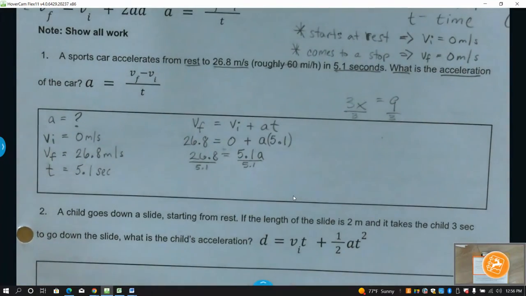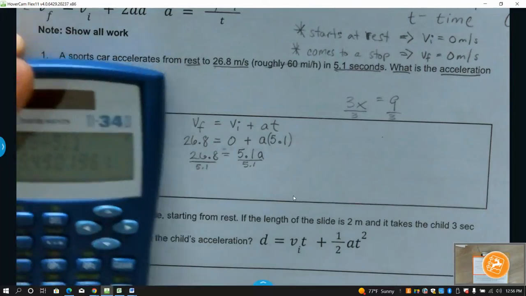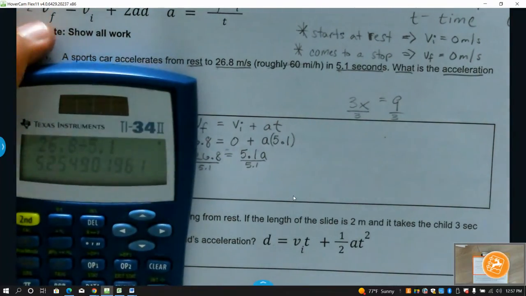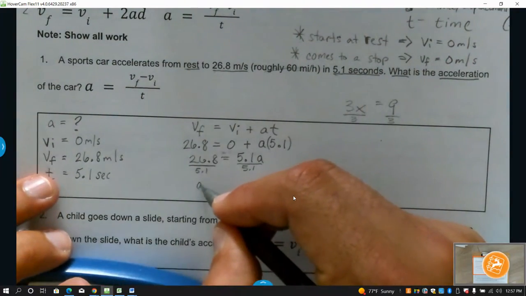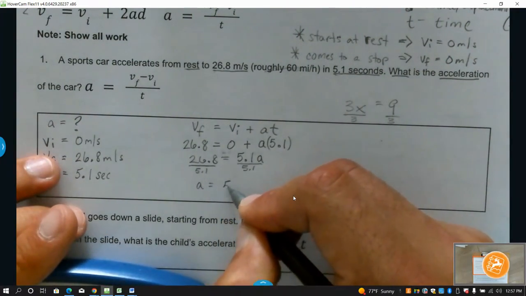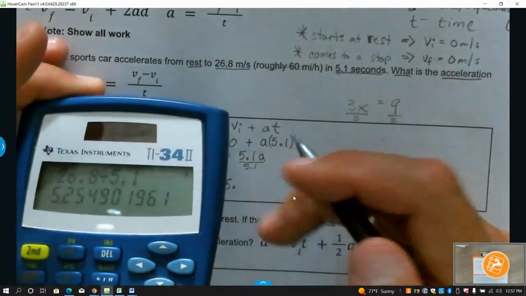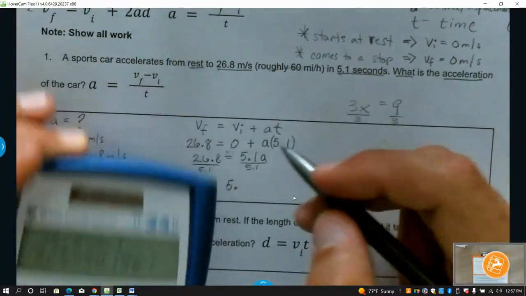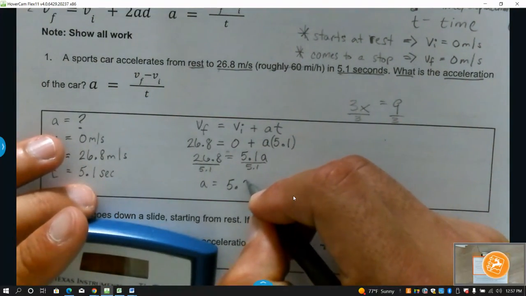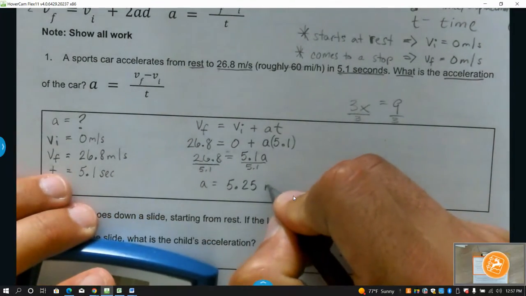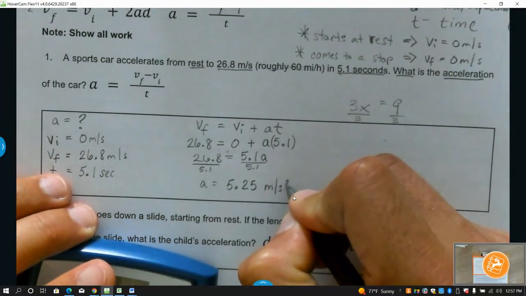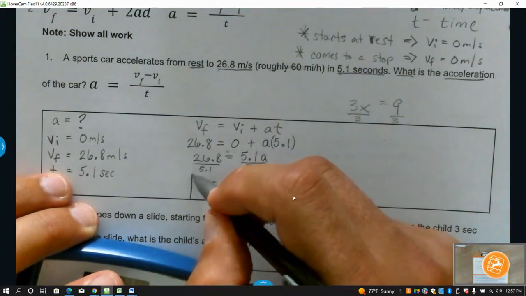And then we just plug it into the calculator. 26.8 divided by 5.1, and it kicks out an answer of 5.2549. I'm going to cut it off here at 2 decimals. And so we're looking at 5.25 meters per second squared for our full unit.